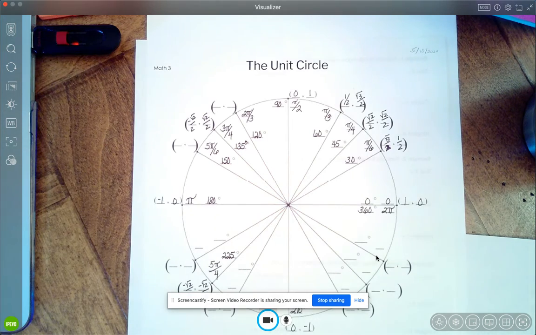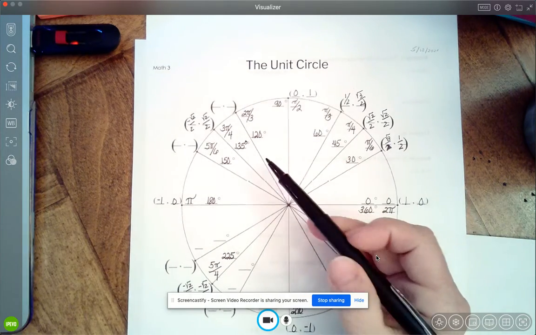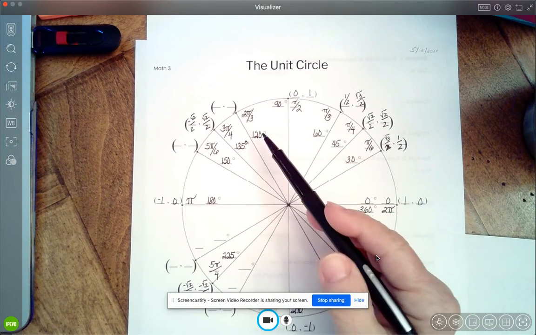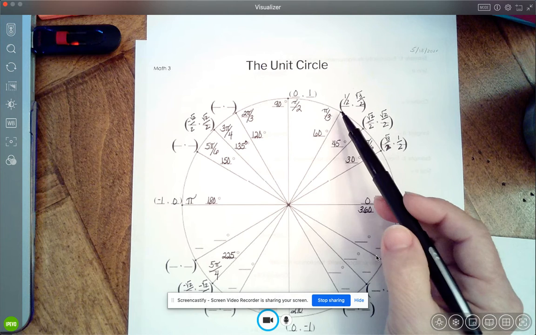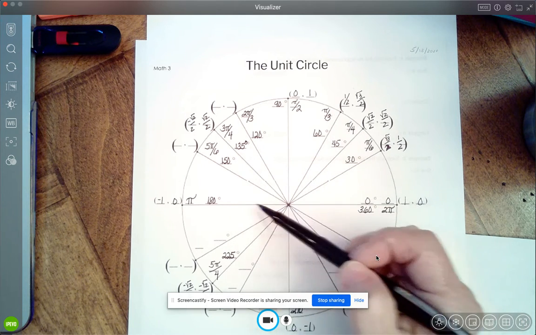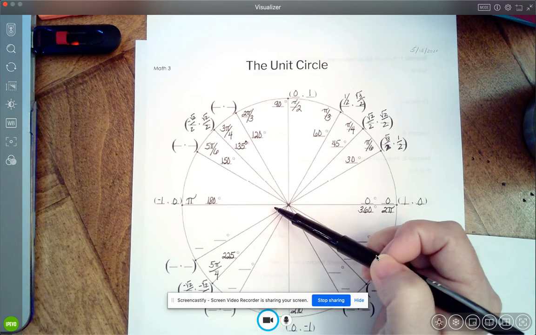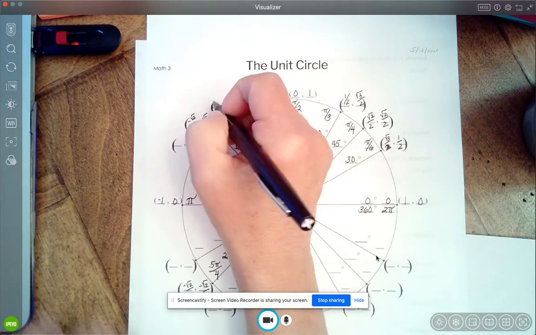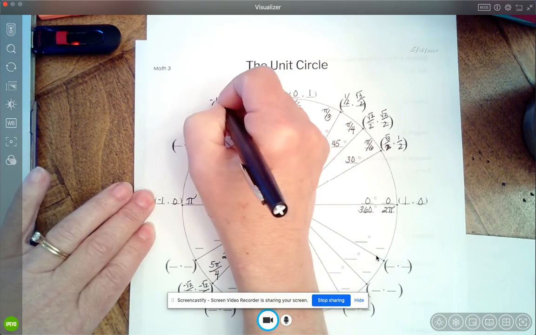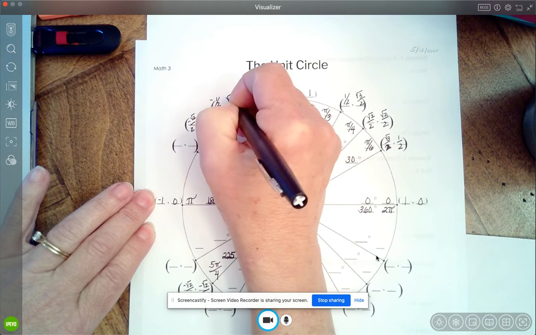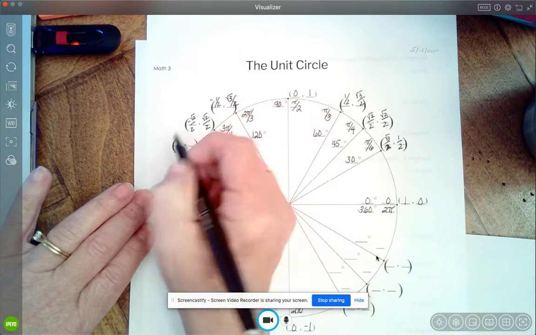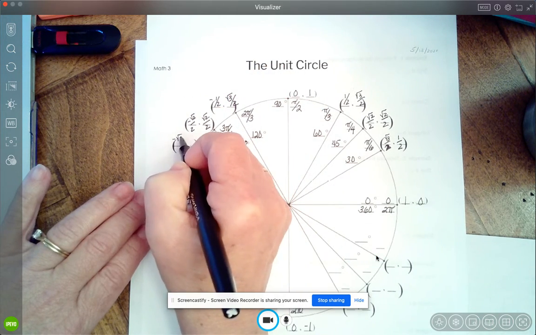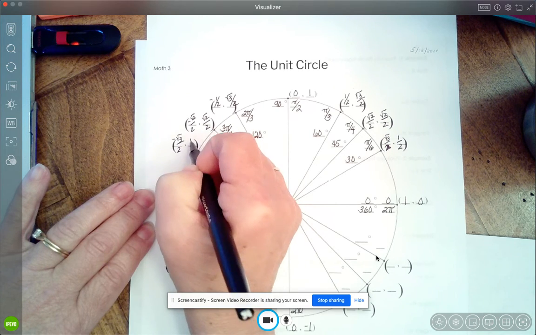Now, yes, I've memorized these, but if you see, I pause because I have to think about it. But I just put the chart right here. This is 60 degrees. Well, here's going to correspond to my 60-degree angle in the second quadrant. So my x value will be negative. So this will be negative 1/2, positive square root of 3 over 2. And here this will be negative square root of 3 over 2, positive 1/2.